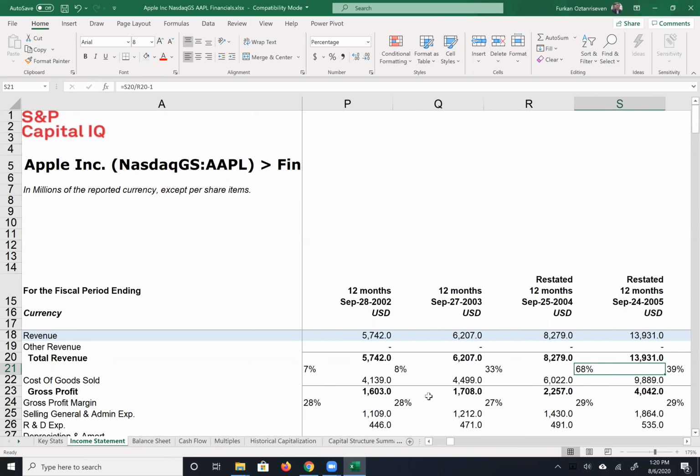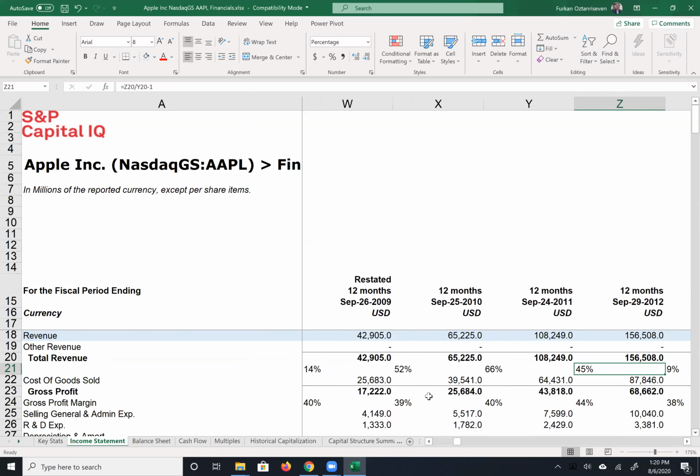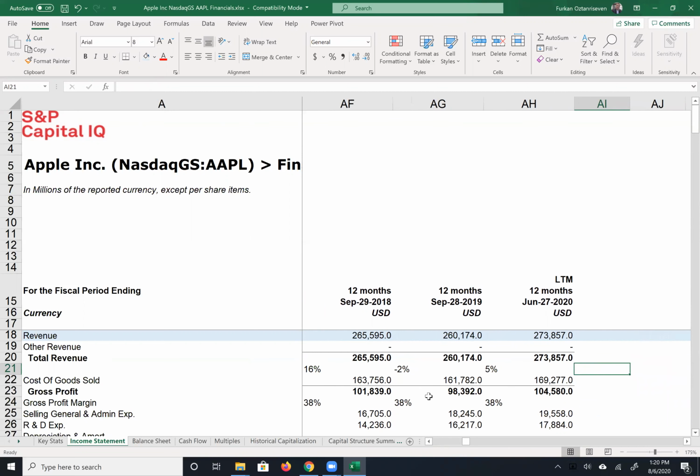Then you can see the company was doing fantastic for a long period of time. Except for 2016, -8%, the company was going pretty well. Looks like 2019, -2%, and again, the company is growing. So this is how the revenue changed.